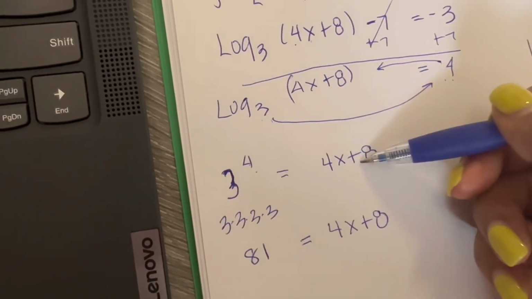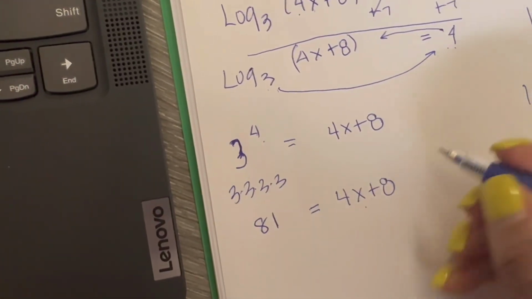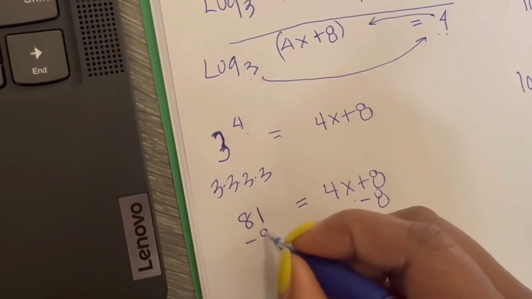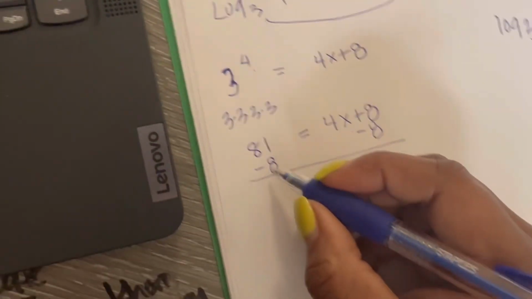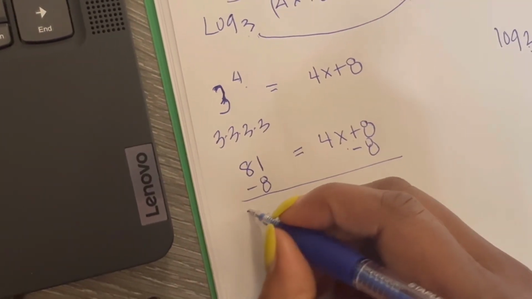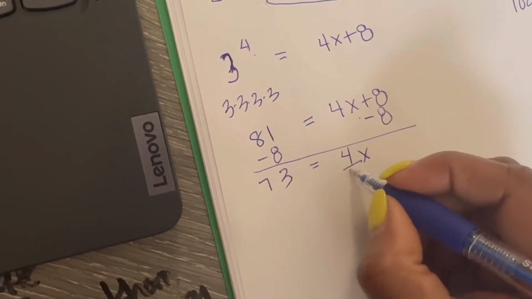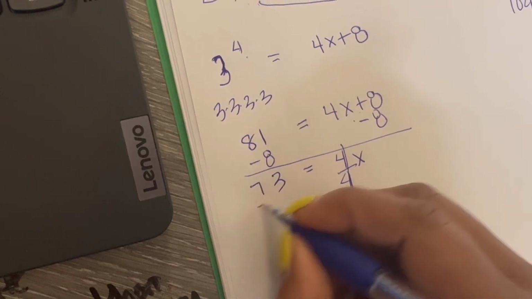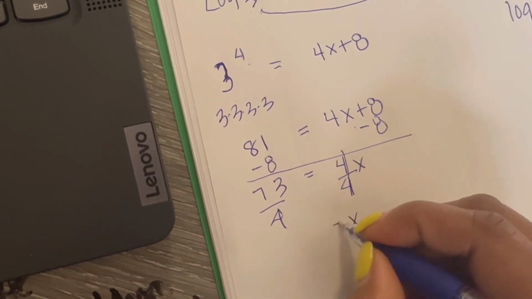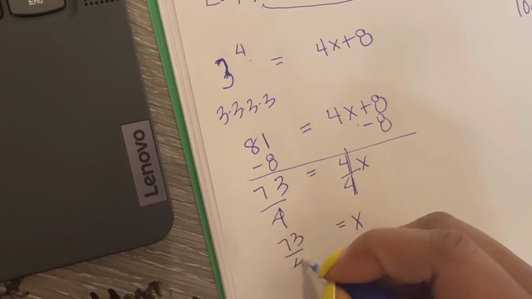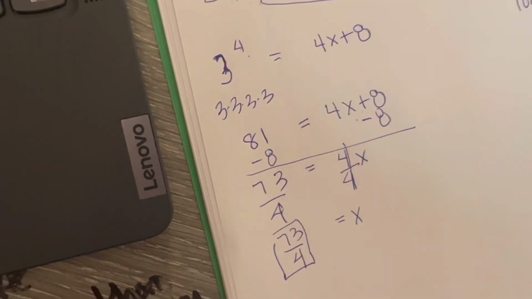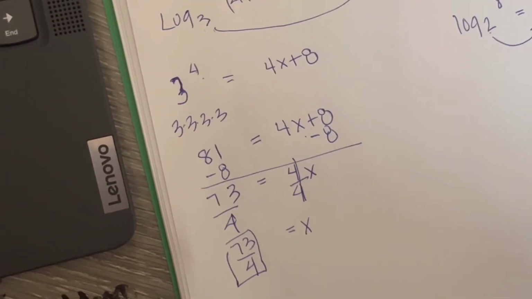Just bring this down. We're isolating x, so we're subtracting 8, which gives us 73 equals 4x. Divide by 4 to isolate the x. So x equals 73 over 4. That is our answer. Let's try another one.